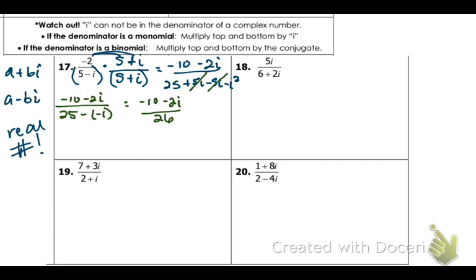Now I'm going to separate these two so that I can simplify them. Okay, so 10 and 26, they'll simplify. I'm going to be left with negative 5 over 13. And then the other one will be i over 13. You can combine them to have negative 5 minus i over 13.